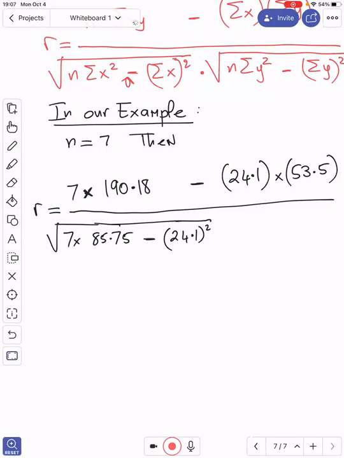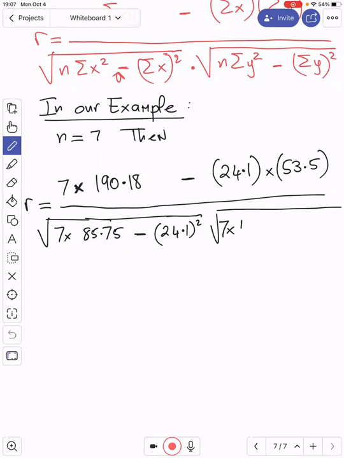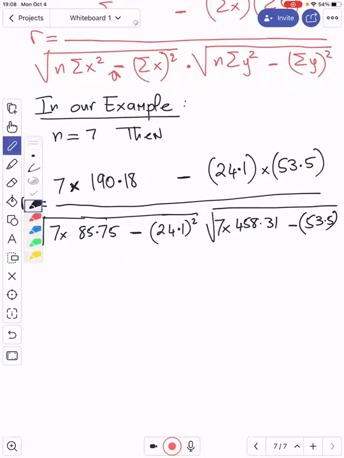Now we do the same thing with the y's. So this whole thing times, for the y's, again 7 times the sum of the y squared, which is 458.31, minus the square of the sum of the y's. The sum of the y's is 53.5, so it's 53.5 squared. There's a square right here.